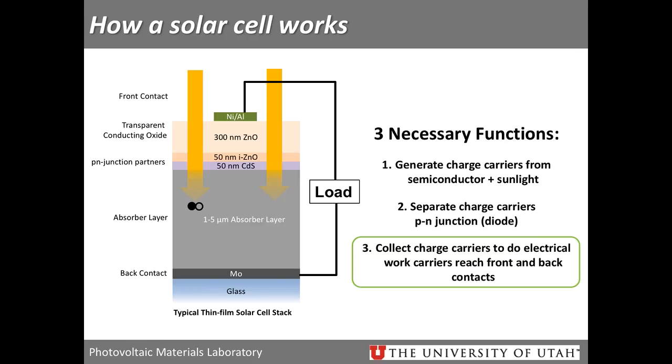If a semiconductor is put in light by itself, the pair is created, and then it'll recombine. So you need to separate them. And how do we do that? I'll talk about that. We use different materials to set up an electric field to separate the charge carriers. And then we have contacts to collect those charge carriers to do electrical work.